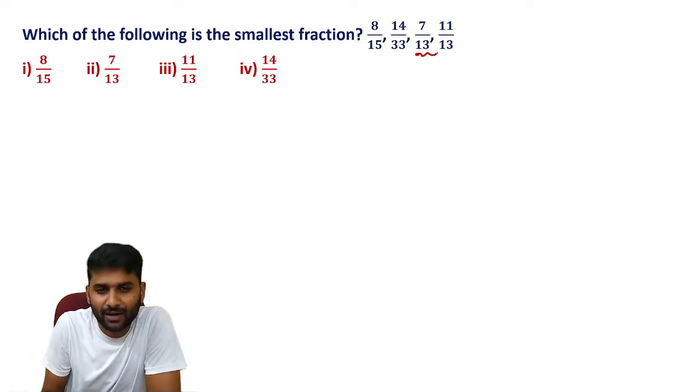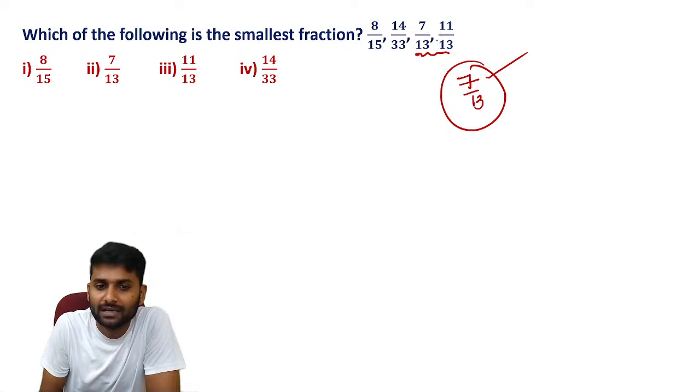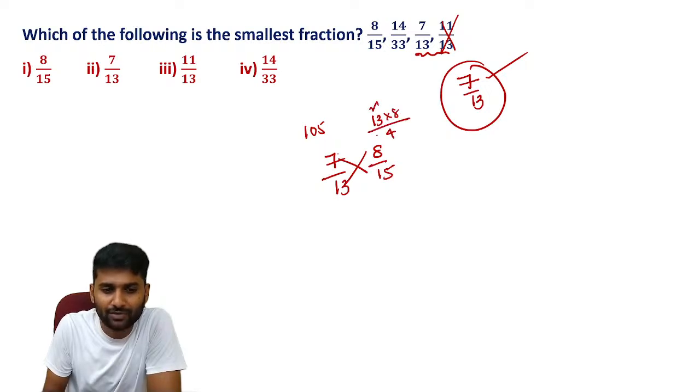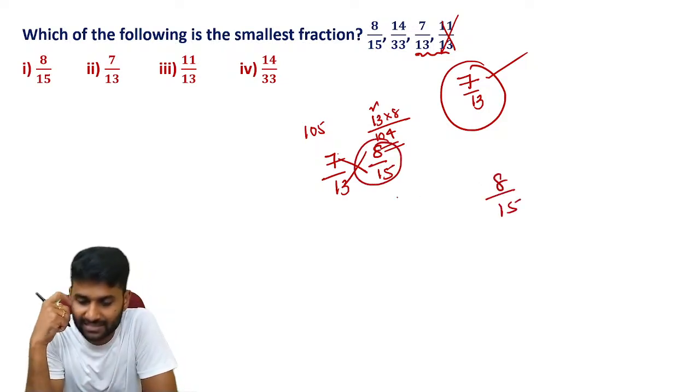Now guys, if you compare 7 by 13 and 11 by 13, definitely 7 by 13 is the least among 7 by 13 and 11 by 13. So eliminate. Now 7 by 13 and 8 by 15. Compare now. Cross multiply them. 7 into 15 is exactly equal to 105. 13 into 8: 8 threes are 24, 8 ones are 8, 8 plus 2 is equal to 10. So definitely 8 by 15 is least when compared to 7 by 13.